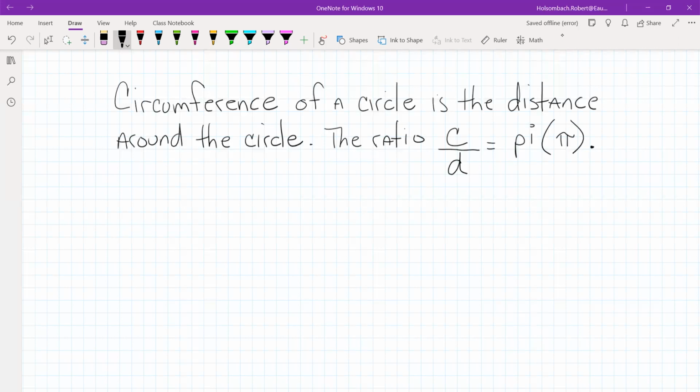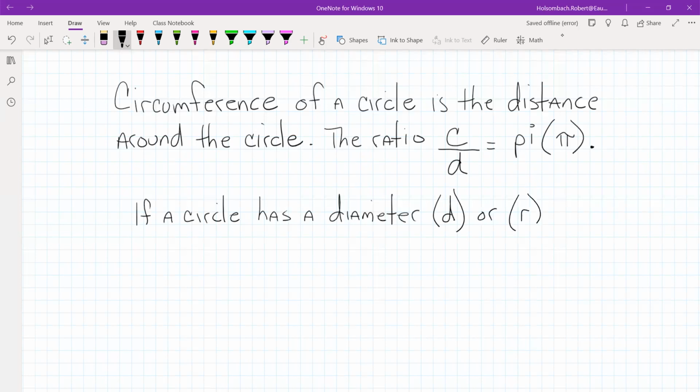So one of the formulas, or the formula for circumference, is: if a circle has a diameter, lowercase d, or lowercase r radius, which all circles do, the circumference is equal to... there are two formulas for circumference.